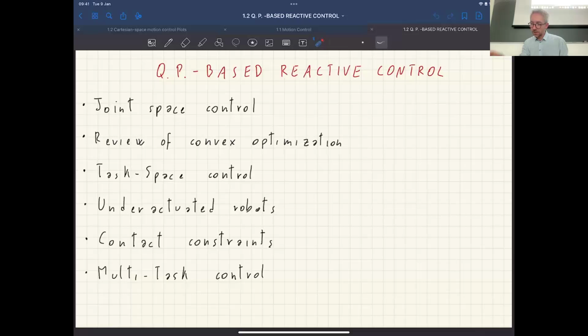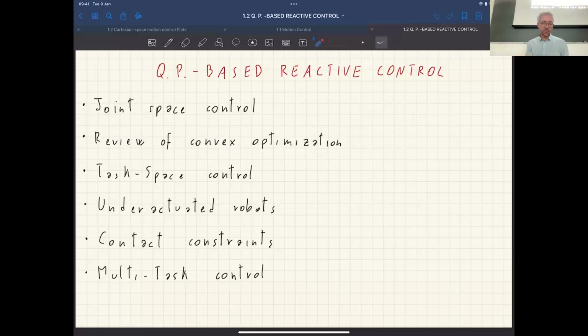This is instead the first real subject, because we're going to start to do control using quadratic programming, which is a special class of optimization problems. Okay, so there are optimization problems with a quadratic cost and possibly linear constraints.